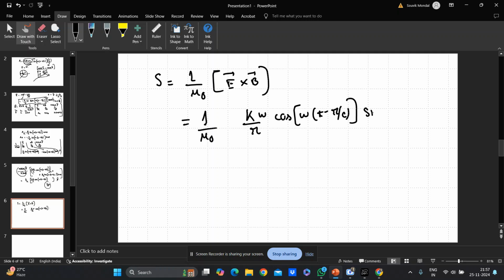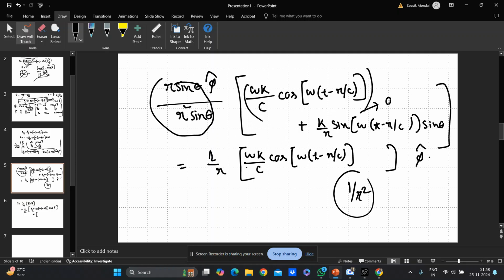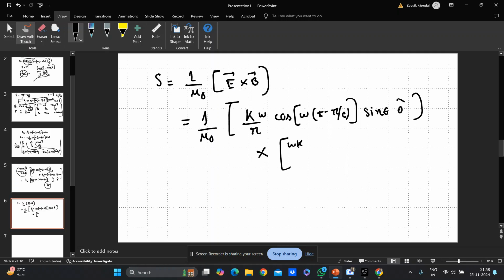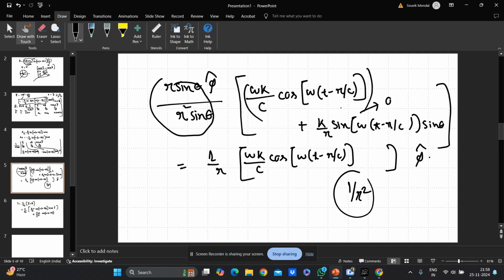Your sine theta is there, so there will be a theta hat, sine theta theta hat, cross product with B. Now B is omega k by rc, cos of omega t minus r by c. Okay, there should be a sine theta also.